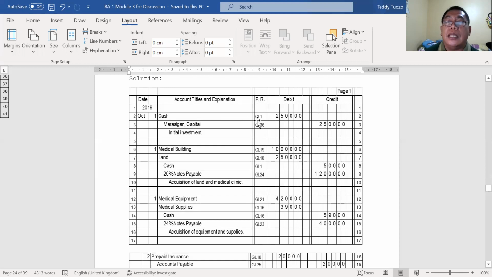Kibali, the assigned page of cash in the general ledger is page number 1. And the Marasigan Capital are page number 36. I just assume this class, no, for you to be able to understand how the posting reference is filled up in the general journal.